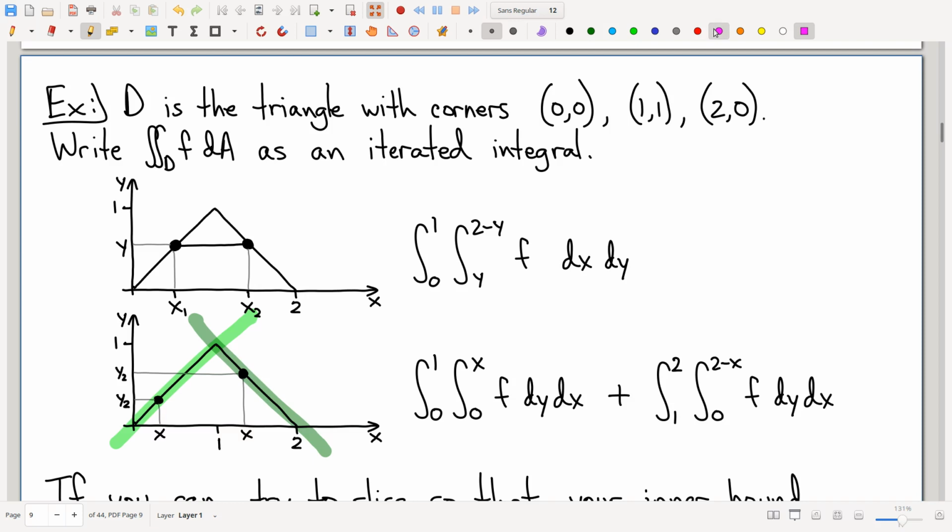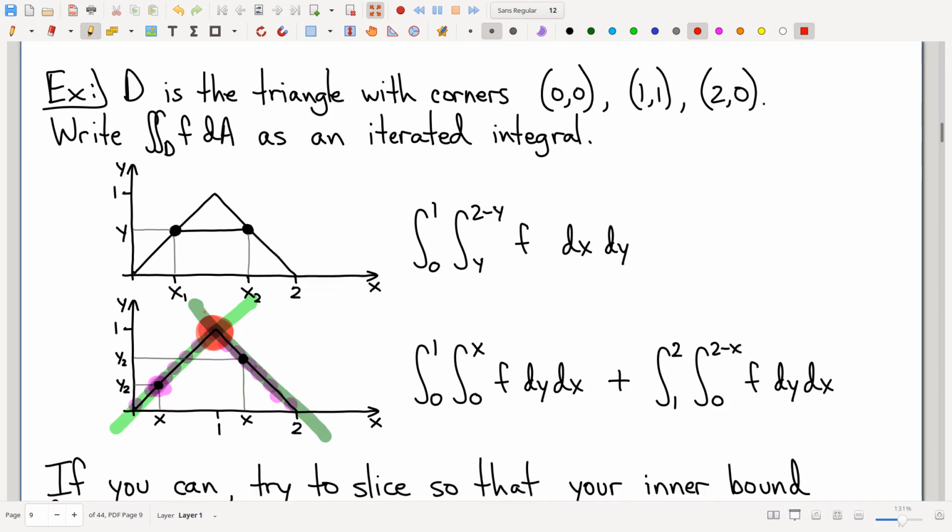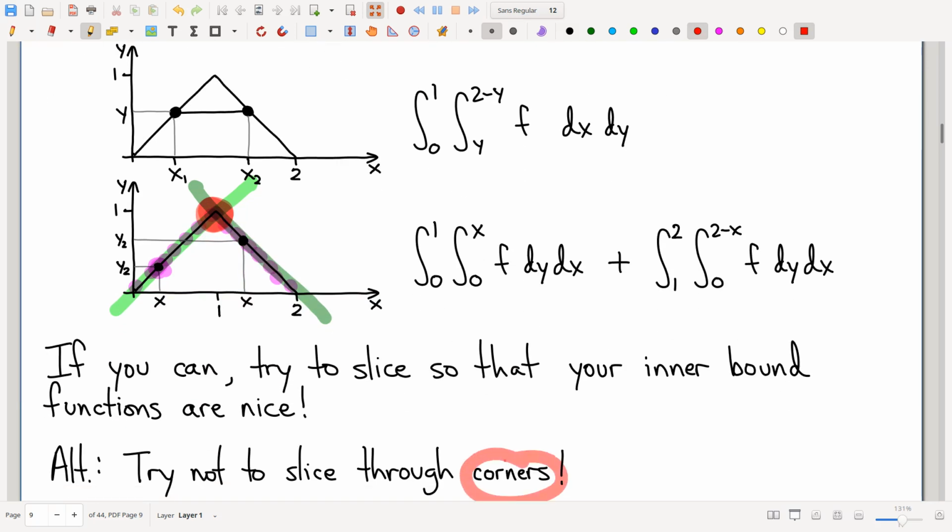That point that gave me my upper bound for y jumped from the one curve to the other. What made that possible? How could this point jump from the one to the other? It's because the curves intersected. And note that when curves intersect, they tend to make corners.